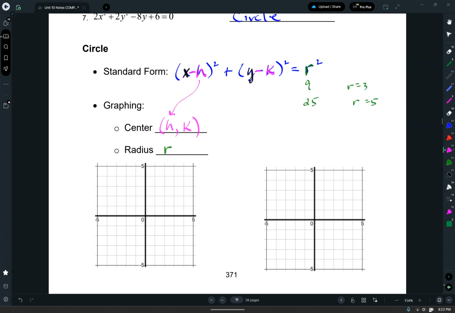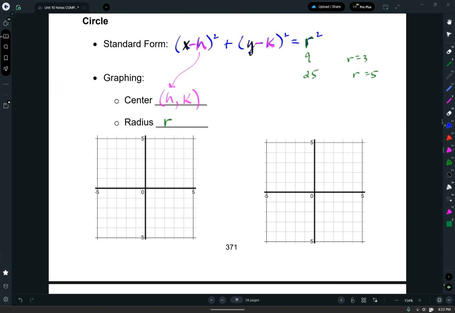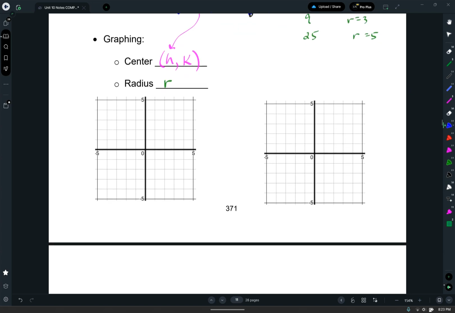So let me kind of show you what I'm talking about. If I have the equation, let's say, (x - 2)^2 + (y - 3)^2 = 9.